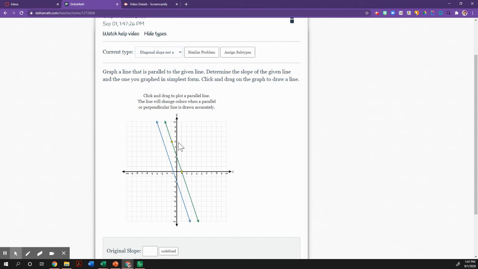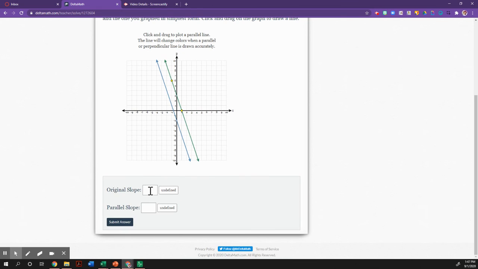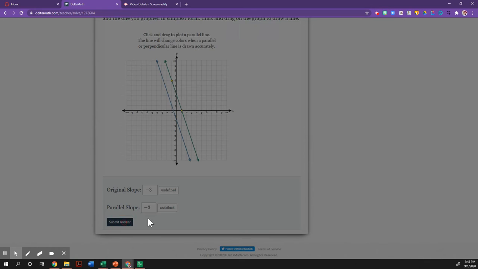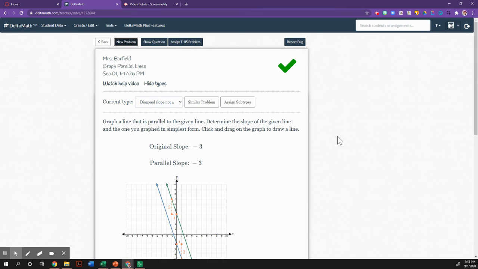So I went up 6, left 2. So 6 divided by -2, that is -3. And that's a good thing because my slope is going downhill. And if I want to just check that, I go down 3 over 1, down 3 over 1. Yeah, I'm good. Submit my answer. And there it is.